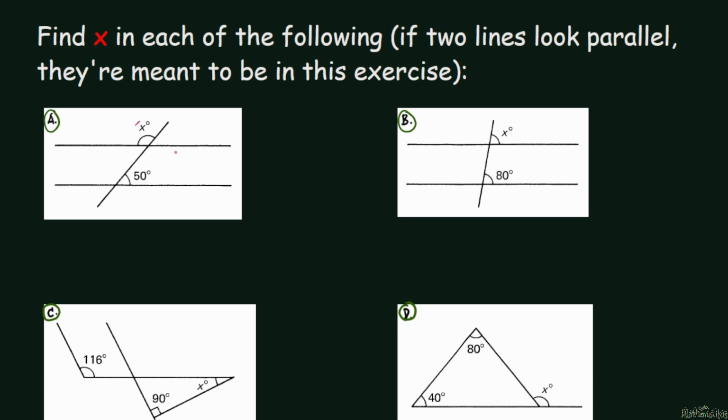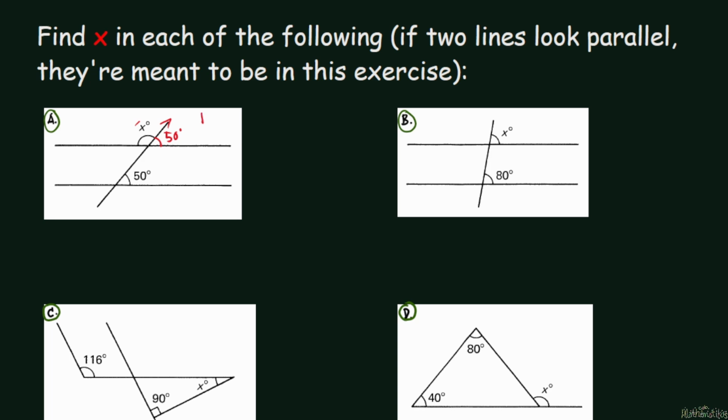From the theorem of two parallel lines with a line transversing or cutting through them, we can say that this angle here is also 50 degrees. And since this is a straight line, the total degrees of this straight line is equal to 180 degrees.